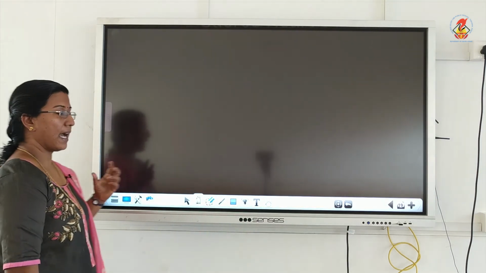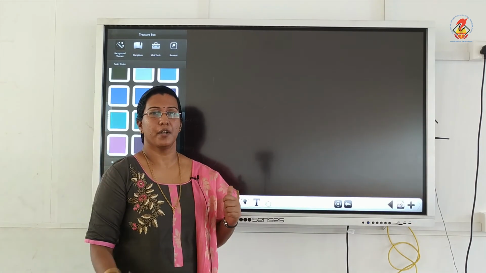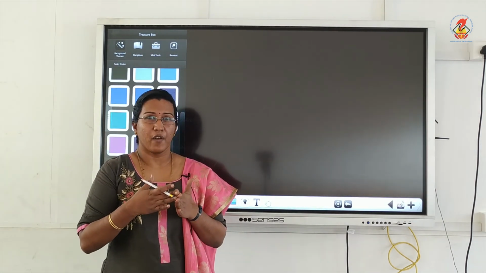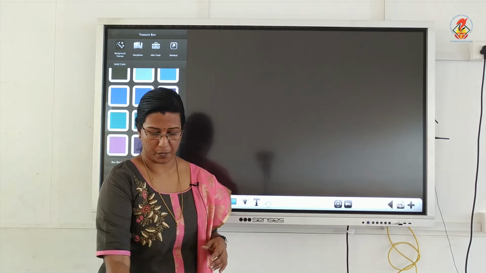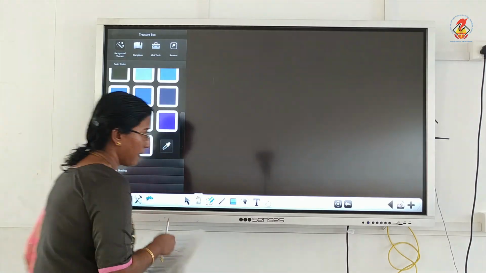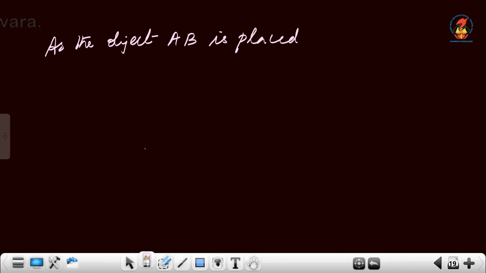Now if you look into the ray diagram of the compound microscope here, you can see the object AB is placed very close to the focus F0 of the objective, which means we are doing a certain approximation.